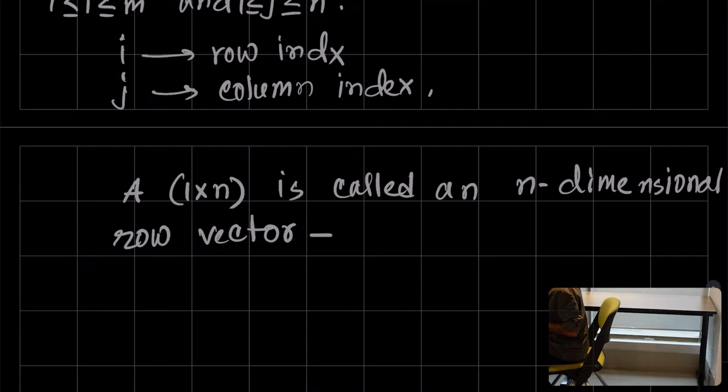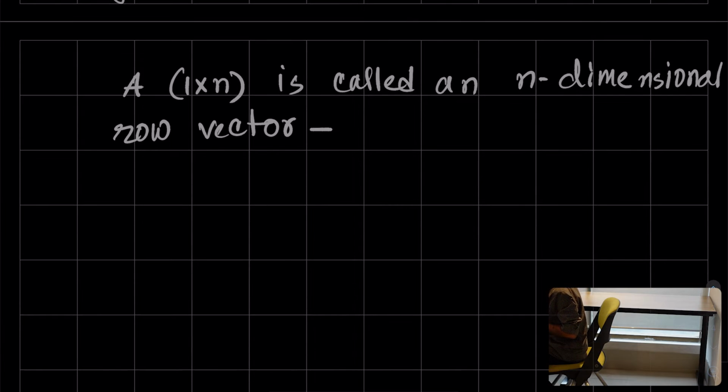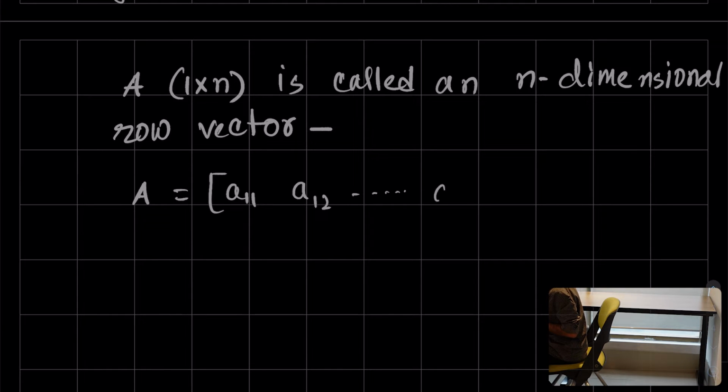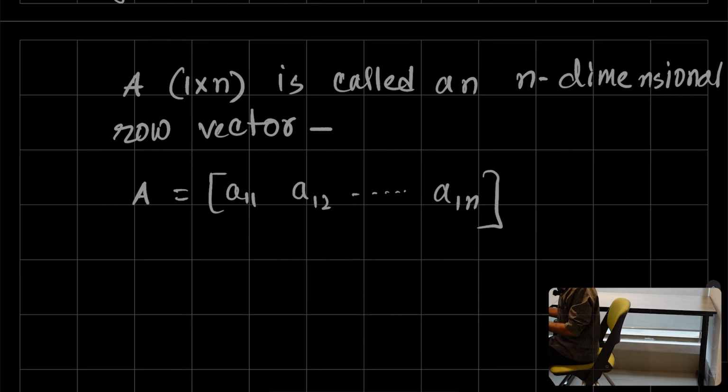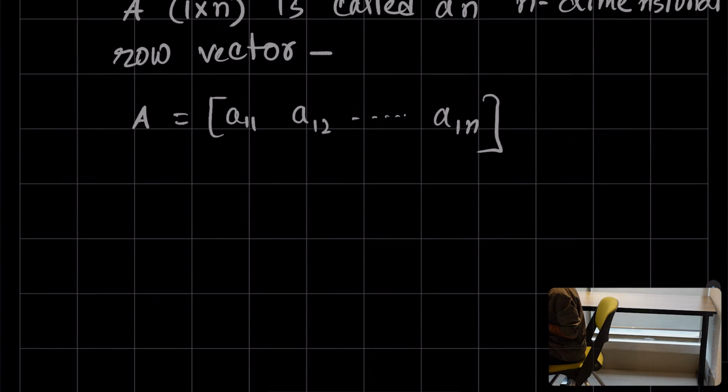And what is the representation of this? This is A equals to A11, A12, and this is A1.